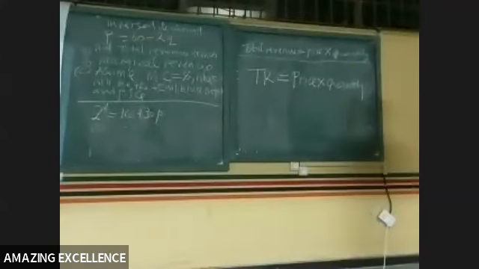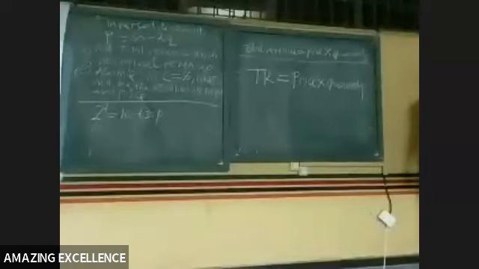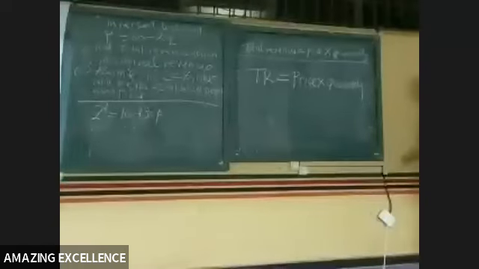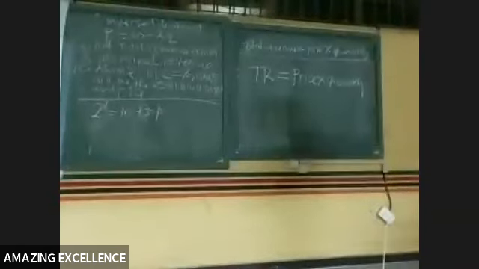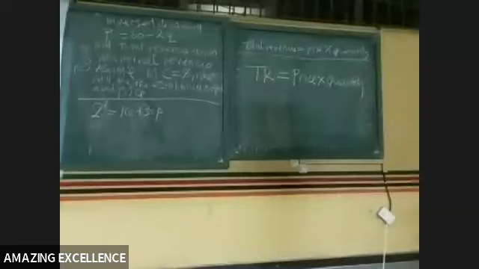So total revenue is given as the price multiplied by quantity. Okay, so total revenue is equal to what? Price times quantity. Yeah. So this formula is very, very necessary. You need it.